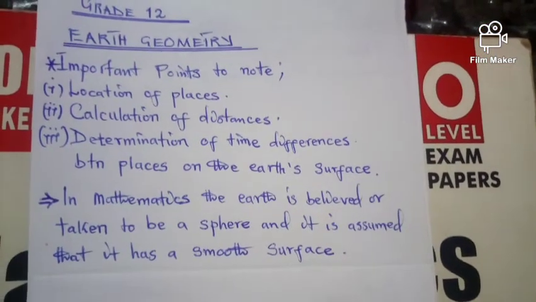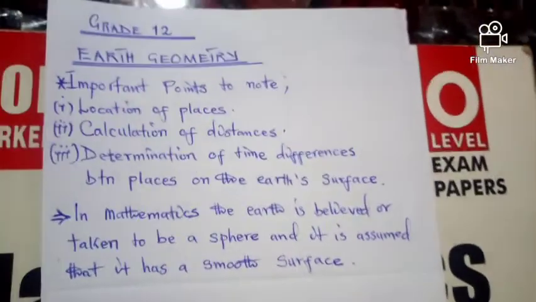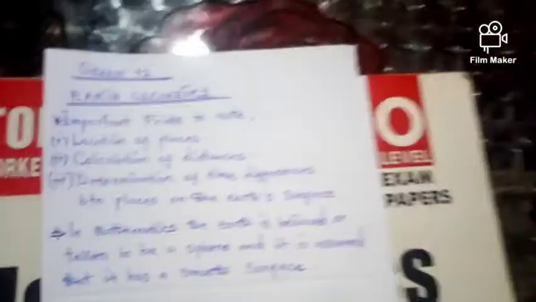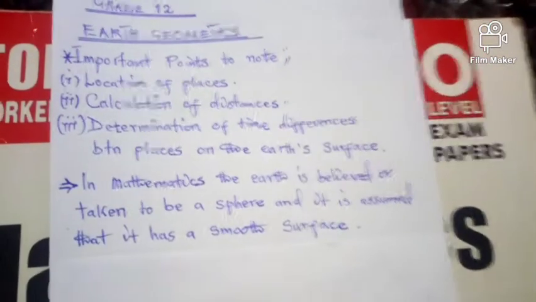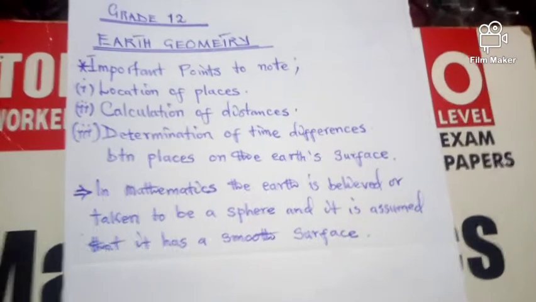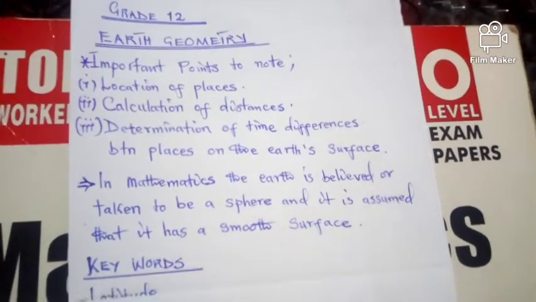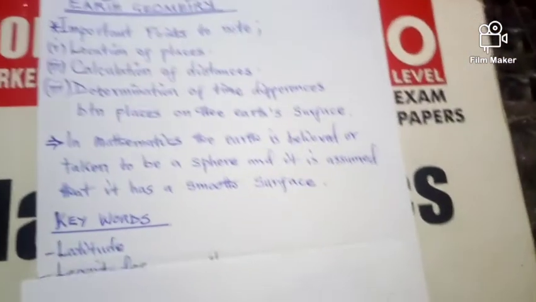So, having that in mind, we're going to look at some of the words that are very important in as much as earth geometry is concerned. We've got keywords such as latitude and longitudes.